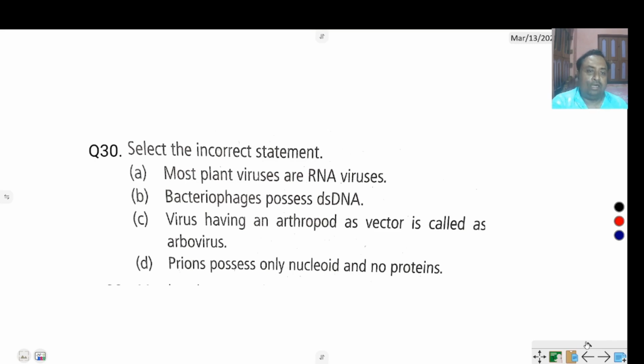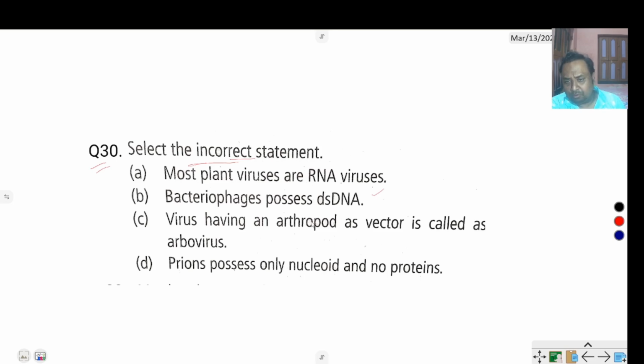The 30th and last question: select the incorrect statement. Most plant viruses are RNA viruses. This is the right option. Most bacteriophages possess double-stranded DNA, definitely.